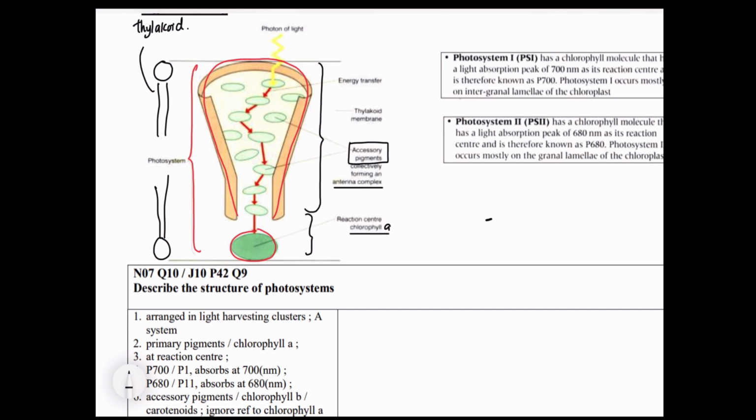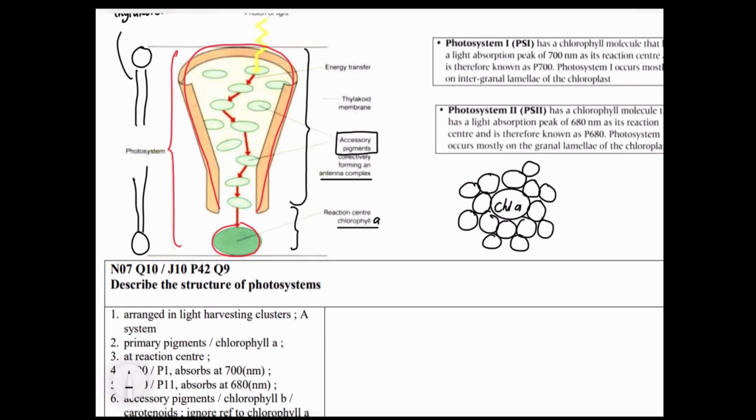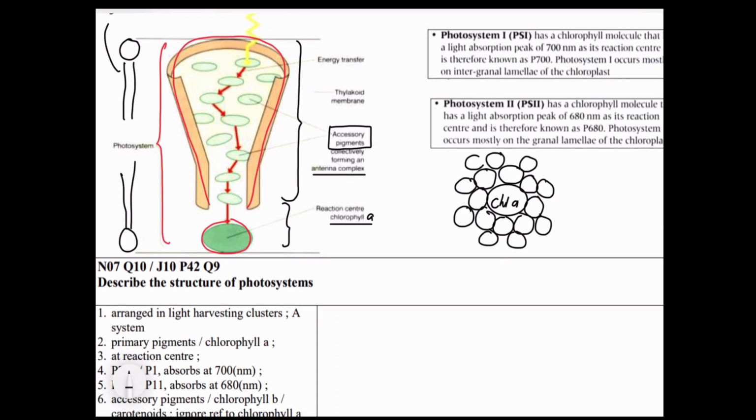So every single plant will definitely have a chlorophyll A surrounded by accessory pigments, but the combination of accessory pigments will be different for different plants. This is the front view. From the top view, you will see that chlorophyll A is located at the center, surrounded by many accessory pigments such as chlorophyll B, xanthophyll, and carotenoids.